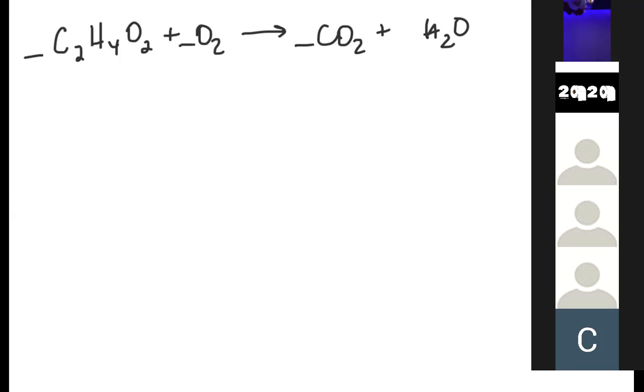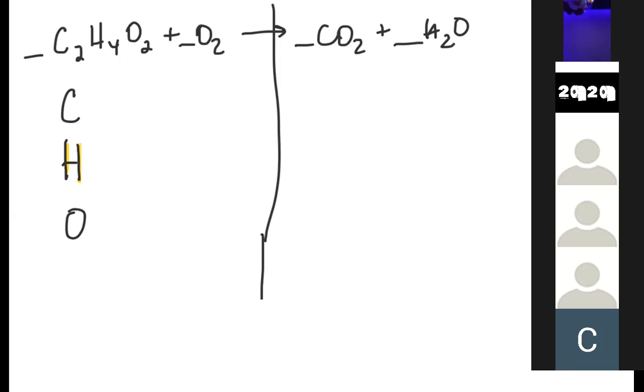Everybody else is going, what are we talking about? All right, Nisi, tell me my elements on the left side. You have carbon, hydrogen, and oxygen, C, H, and O. Okay, what about the right side? The same thing. Are you sure?